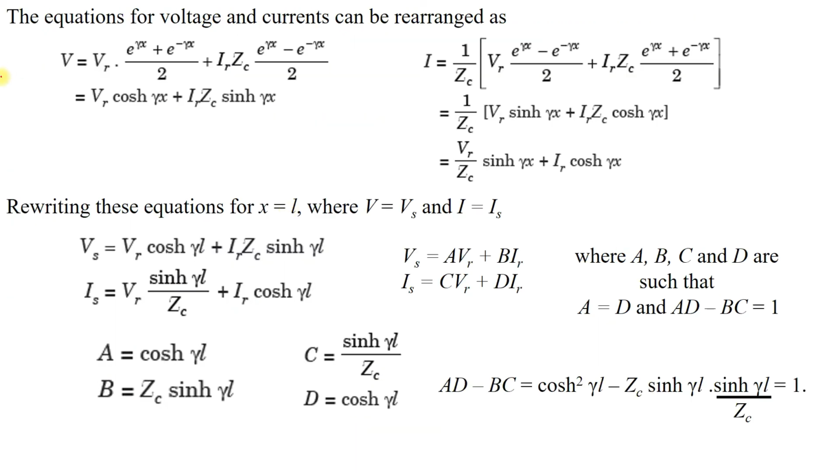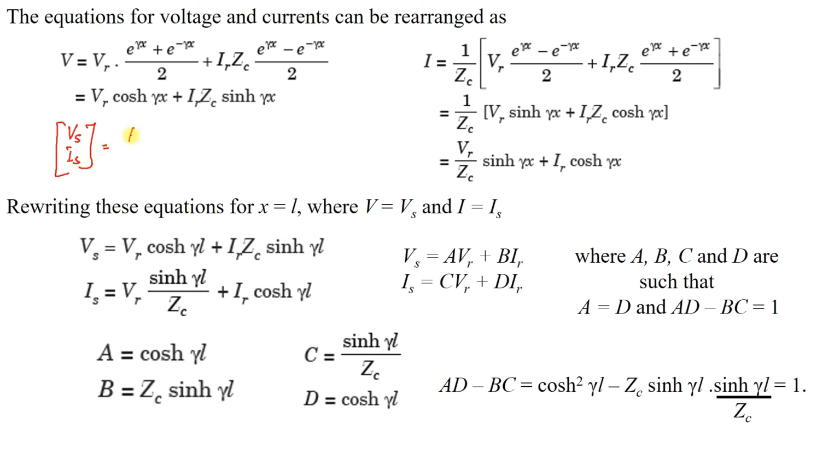And in order to calculate the transmission parameters or the ABCD parameters of the transmission line in case of a long transmission line, as in the other cases for the medium transmission line or the short transmission line, we have to express Vs and Is in terms of Vr and Ir.